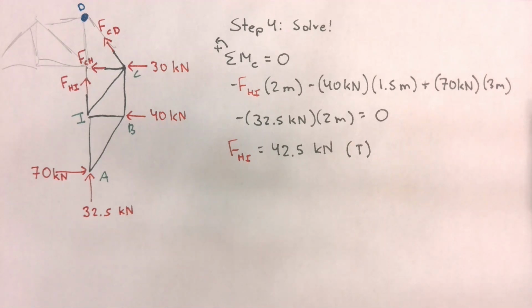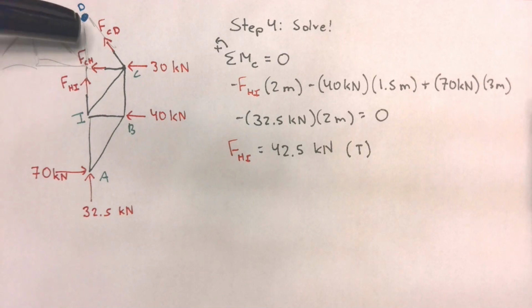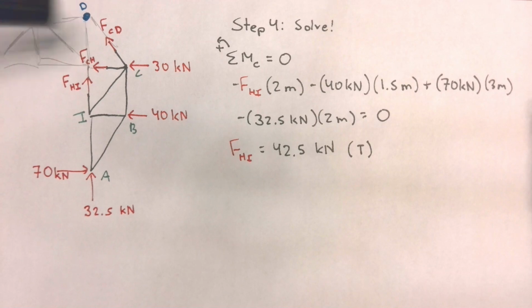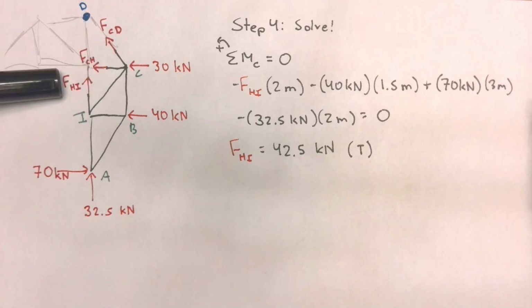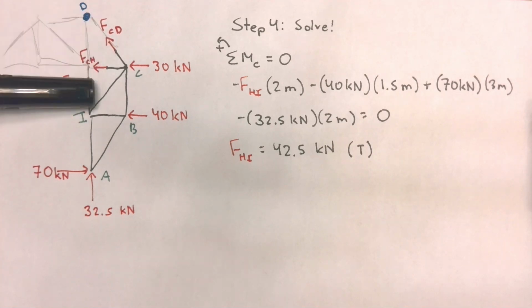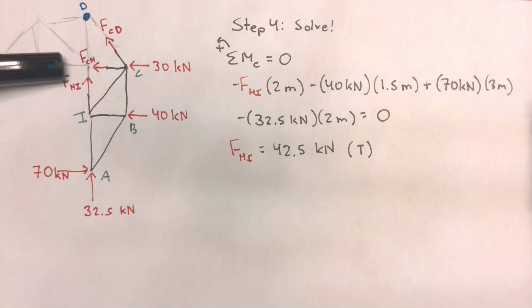But there are some problems from the book where that's just not possible because you end up with a lot of unknowns. So if that happens, it's always okay to take your sum of moments about a different point. And why do I choose D? If I choose my point D, I can eliminate this force, and I can also eliminate this force. So I only end up with one unknown, which is my force CH.